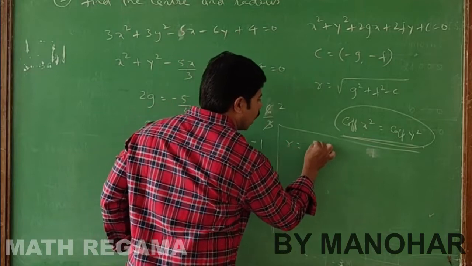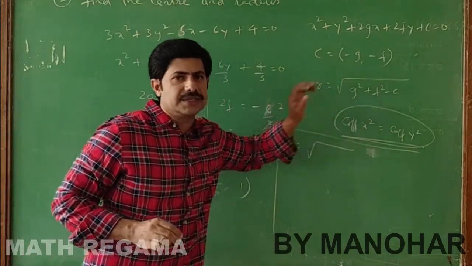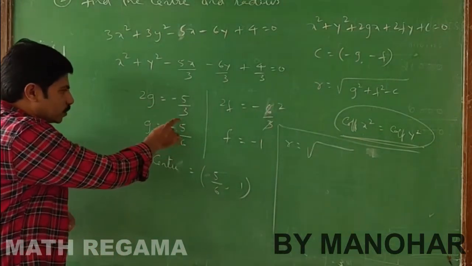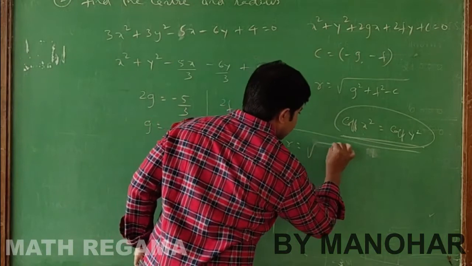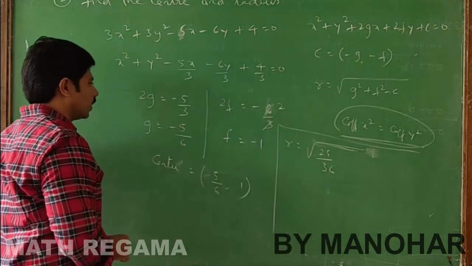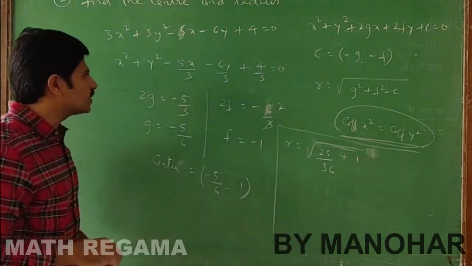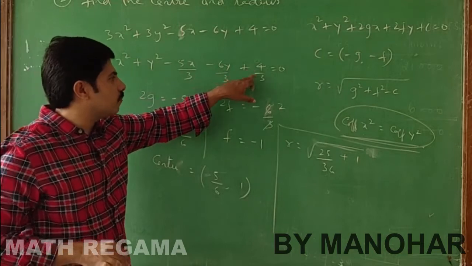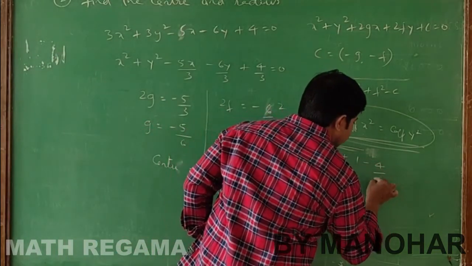R is equal to under root of g square plus f square minus c. Already the formula is here. So when I do g square, I have to square this: 25 by 36. So 25 by 36 is g square, plus f square, and minus c. What is the c value from the equation? It is 4 by 3, so minus c means minus 4 by 3.